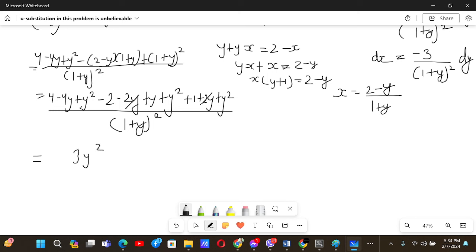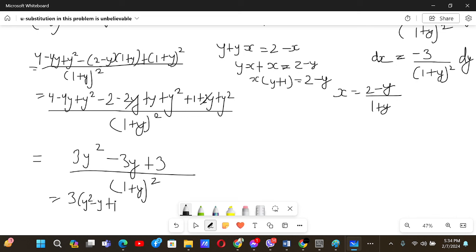Now this is minus 4y plus y, that's minus 3y, and then 4 minus 2 plus 1, that's plus 3. You might have already noticed that the denominators over here and here are the same. Then taking 3 common, we get 3 times (y square minus y plus 1) by (1 plus y) whole square.